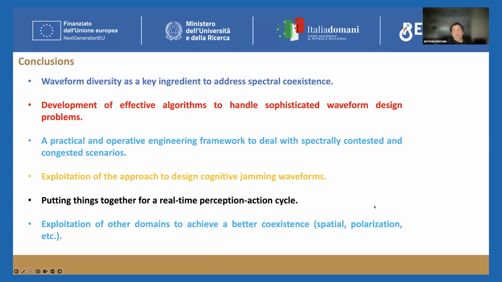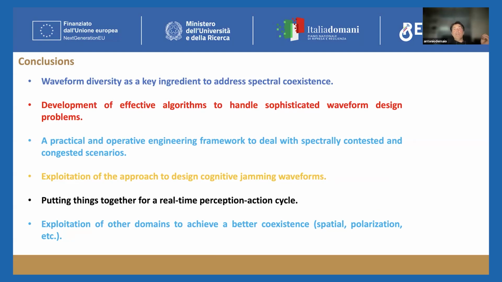Well, here again, we're ready to conclude this talk, where we have seen waveform design and diversity as a key ingredient to boost the performance of next generation and possibly also cognitive radar systems in the presence of challenging spectrally crowded scenarios. We have seen the development of effective algorithms to handle sophisticated waveform design problems.